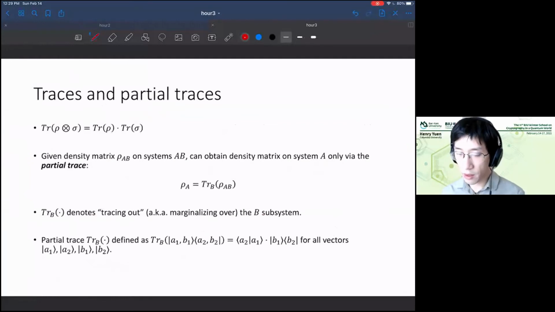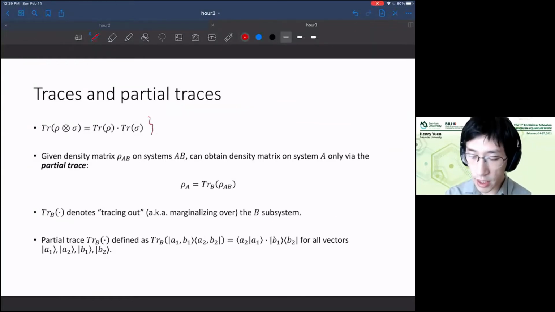Okay. So now that we're able to talk about density matrices on multiple qubits, we can start talking about something called the partial trace. So first, let's say you want to take the trace of a tensor product of density matrices, then the rule is this is just equal to the product of the traces of the individual ones.